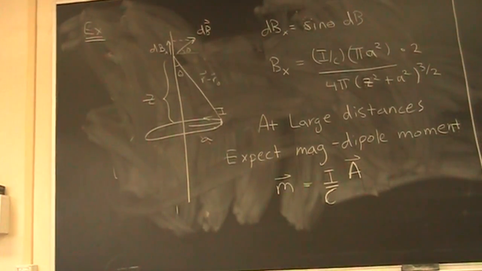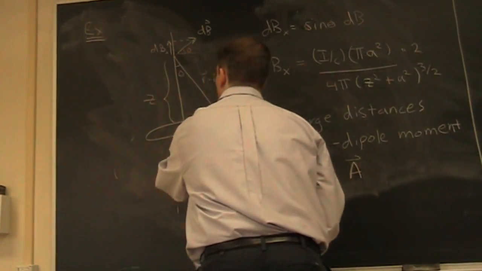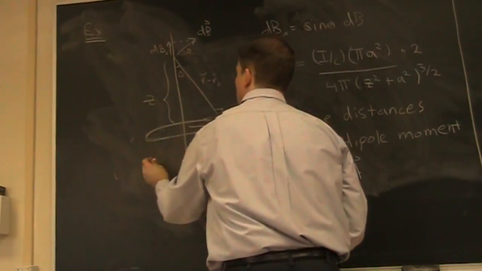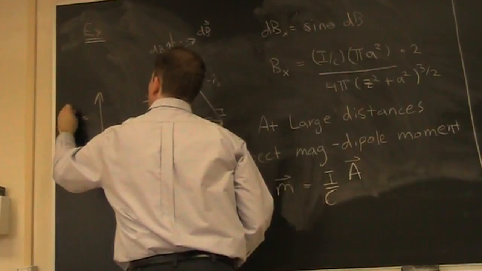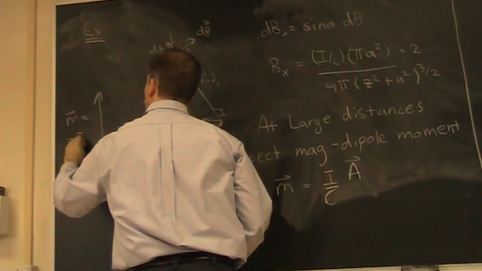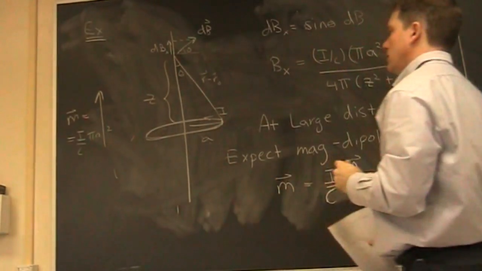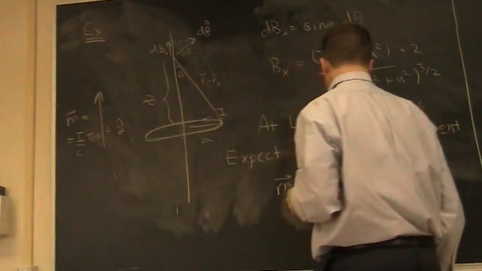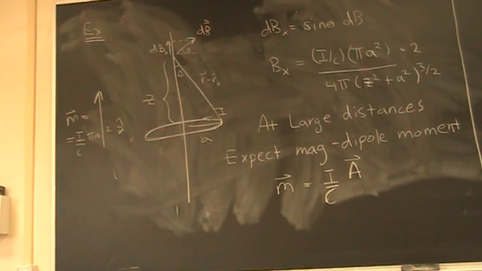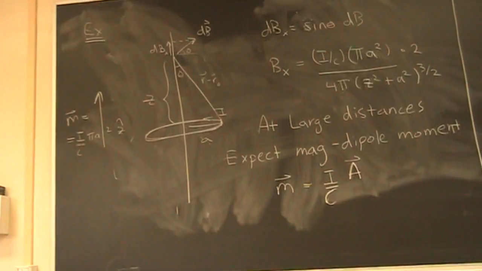So for a plane loop of area A, the magnetic dipole moment is pointing upwards. It has the value I over C times pi A squared, and it's in the z hat direction. Good. And so at large distances, you get this typical dipole form.